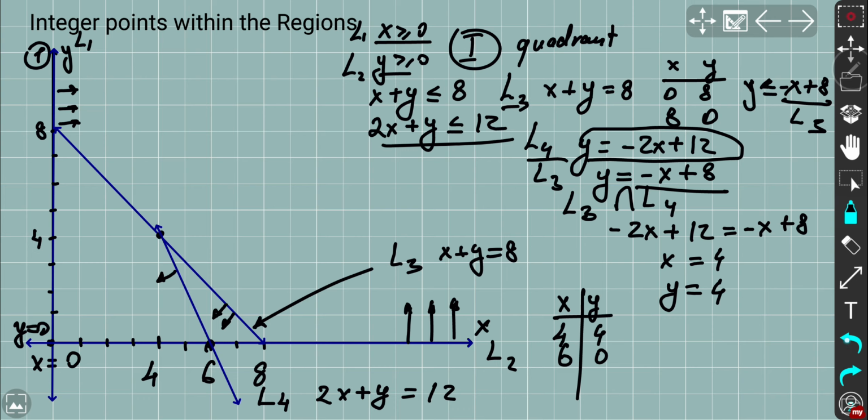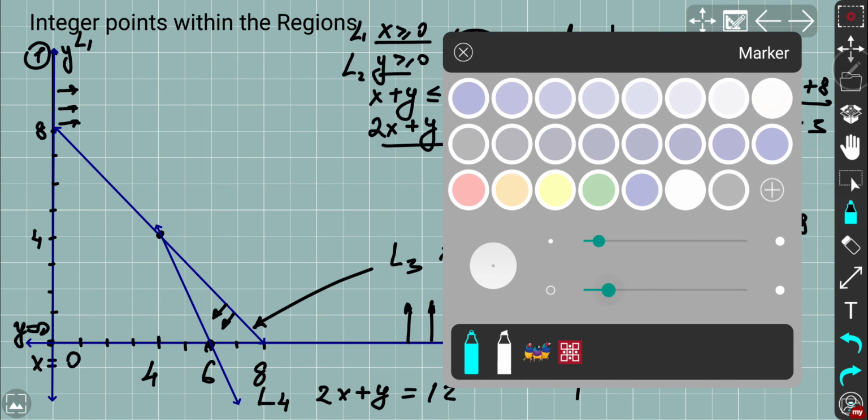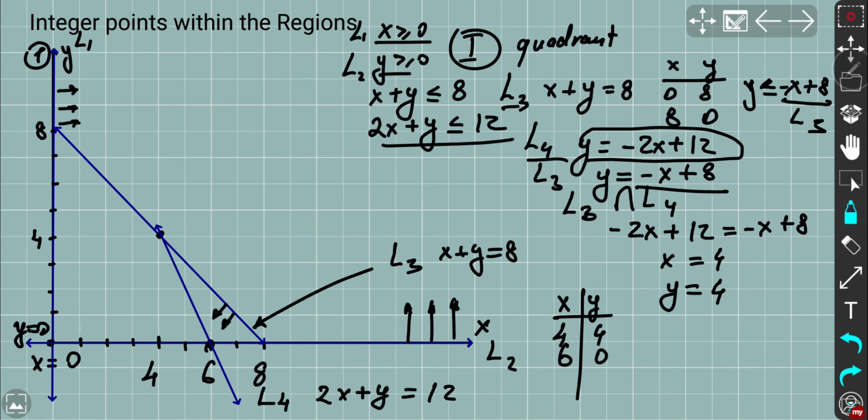So instead of arrows right now, I'm going to probably use the marker. Let me try to use the marker. For example, the purple one. I indicate the region, or probably I can put the letter R just inside.